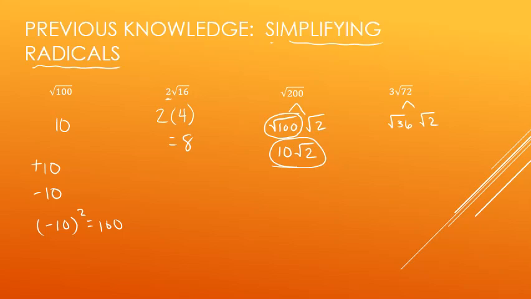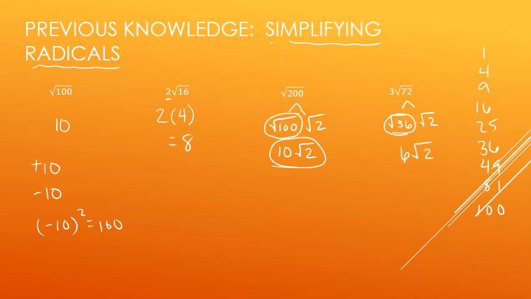The list of perfect squares would be 1, which we don't ever break down with, but 4, 9, 16, 25, 36, 49, 81, 100. I feel like I might have missed one, but anyway, you get the idea. So 36 is the largest one that goes into 72. The square root of 36 is 6, and then the square root of 2.